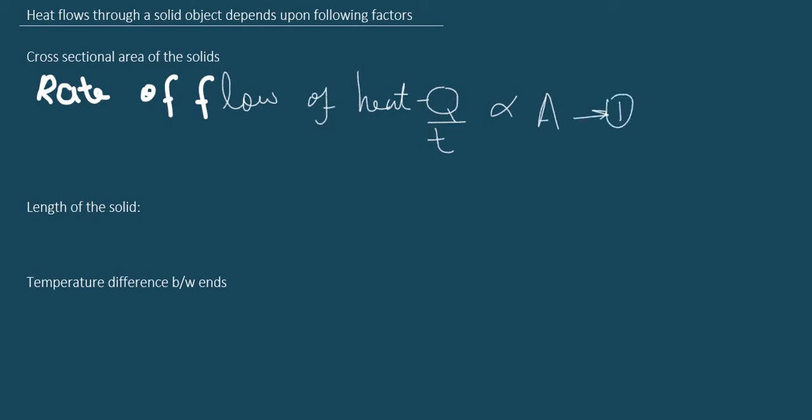And the second factor on which the flow of heat depends is the length of the solid. Now we discuss length of solid. The larger the length between the hot and cold ends of the solid, the more time it will take to conduct heat to the colder end, and smaller will be the rate of flow of heat.